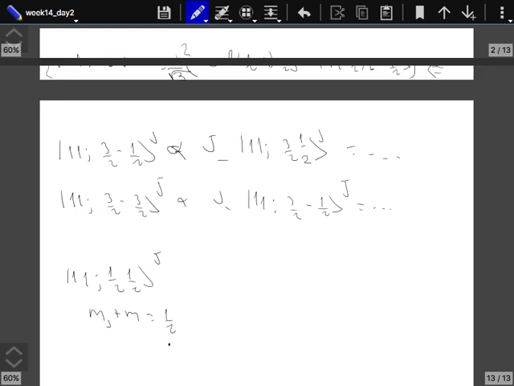There are basically two options. Either these numbers are 1/2 and 0, or minus 1/2 and 1, because otherwise the sum doesn't make 1/2.